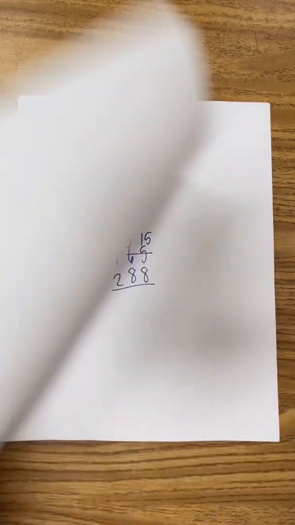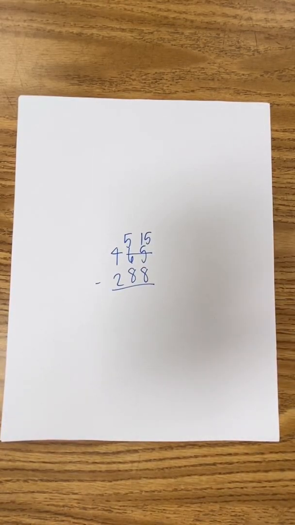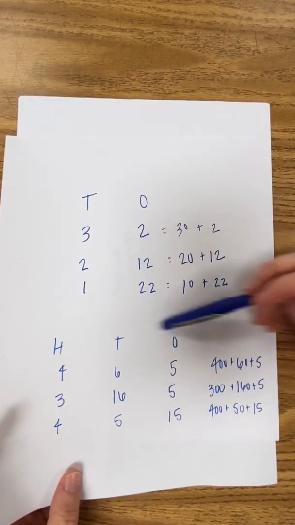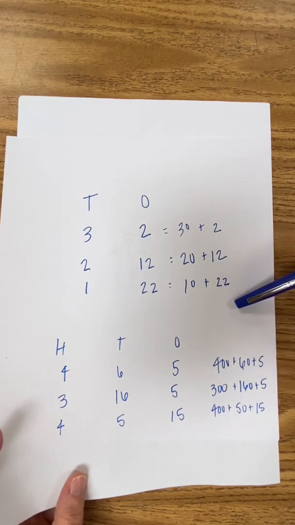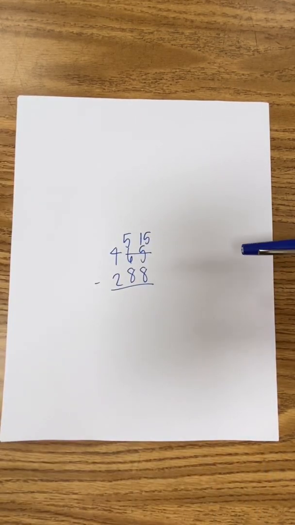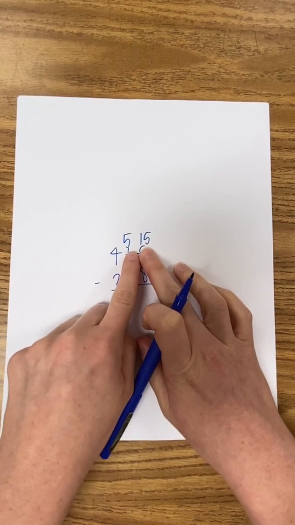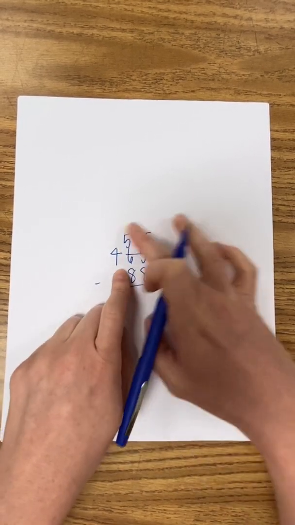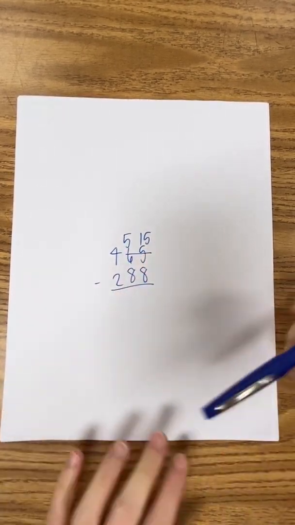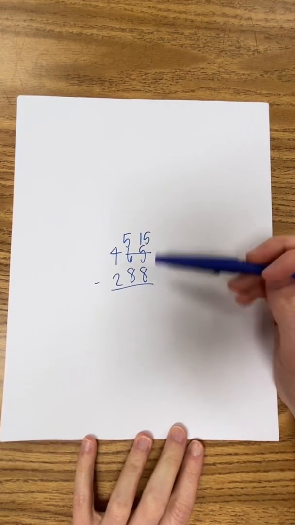Okay, and they could see that 65 is the same as 5 tens and 15 ones. Okay, that is so important that they have this experience with numbers, seeing them in different ways, because that's going to show them that they haven't changed 65. This is still 65. It's just renamed. It's just shown in a different way. And then they're able to go through the process.